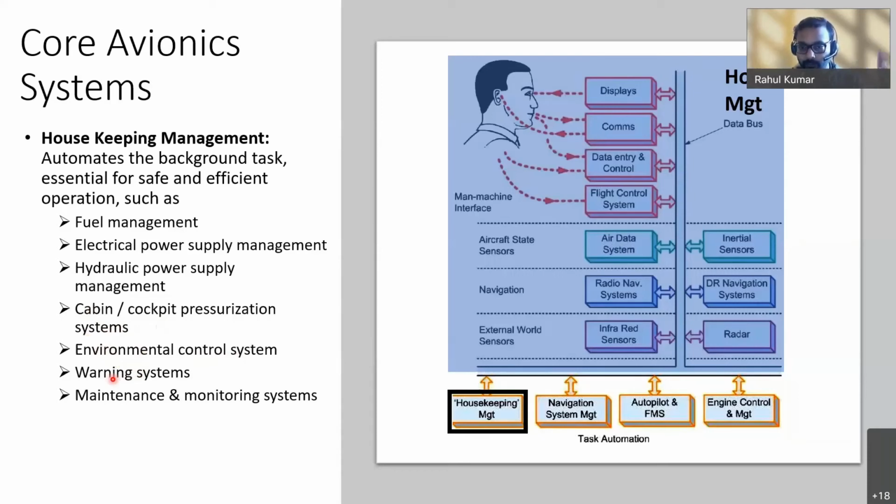This would include both the visual warning, maybe flashing of lights, and the voice warning, the sound as well, and the maintenance and monitoring system. So all these subsystems are included in this housekeeping management system, which monitors the overall working or performance of the aircraft.